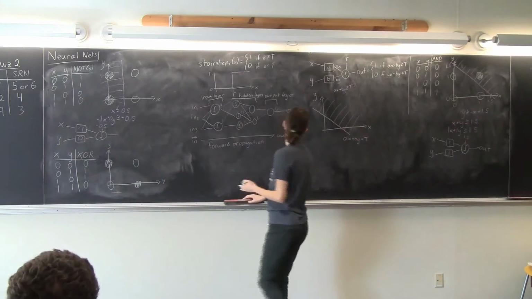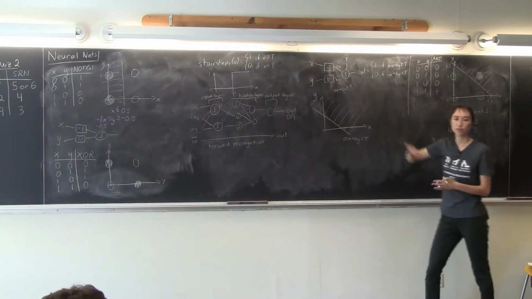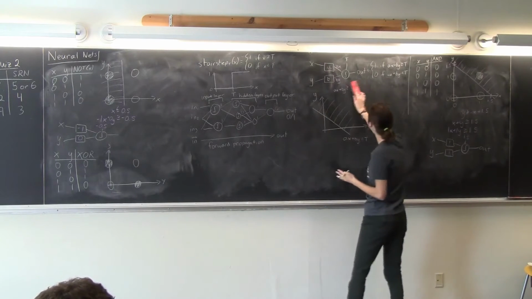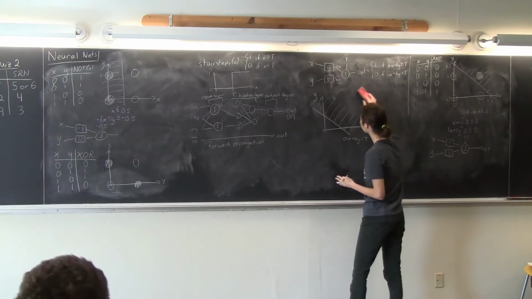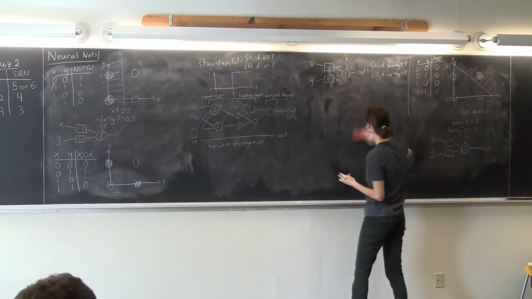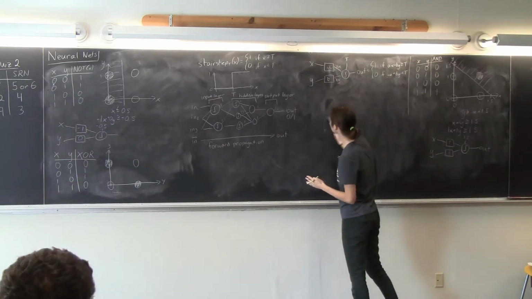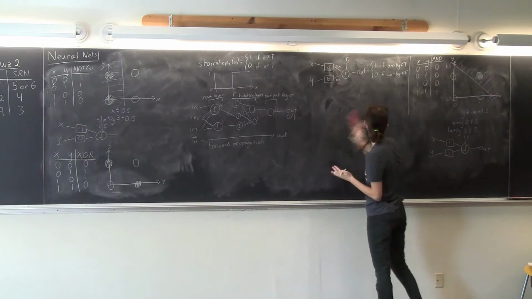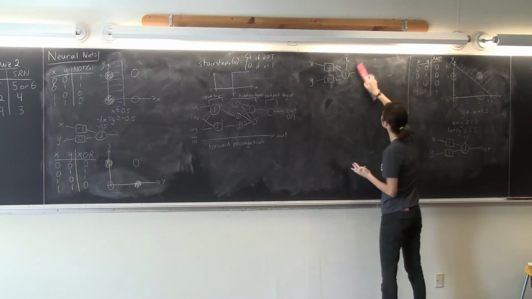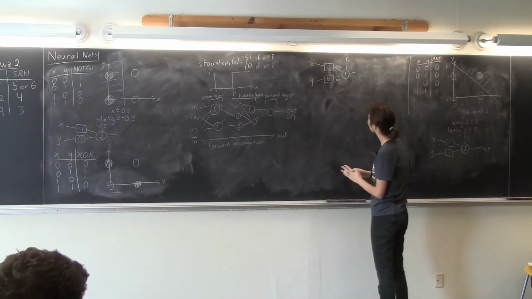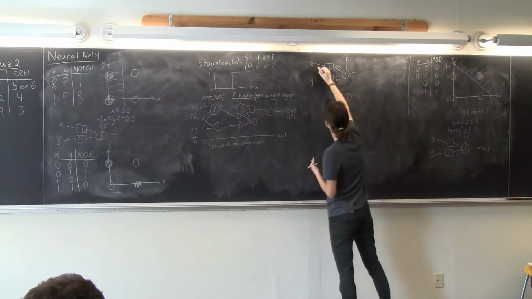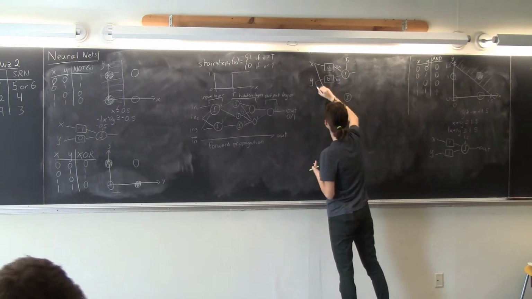So if we go back to this neural net that we drew symbolically, let's see what happens if we add a second neuron to it. We'll call this threshold T1. And then we'll draw a second neuron down here, and we'll again have x and y going into it.